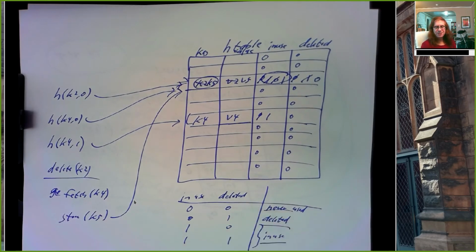But what can we say about the order in which the key value pairs will be printed if we do that? How does that order relate to the order in which we added them to the table? It's kind of random, right? There's no obvious relationship. When we get to Java, we talk about hash maps.